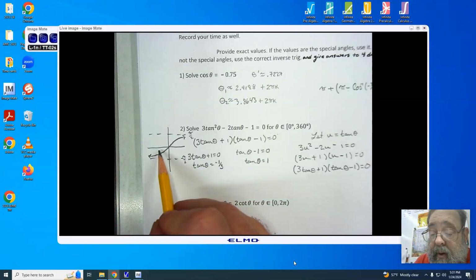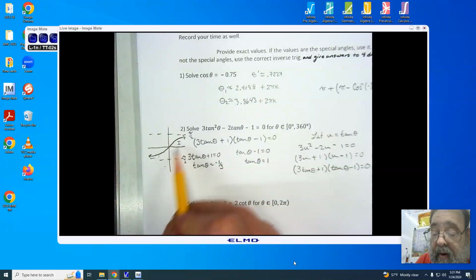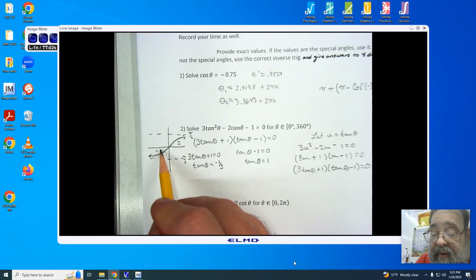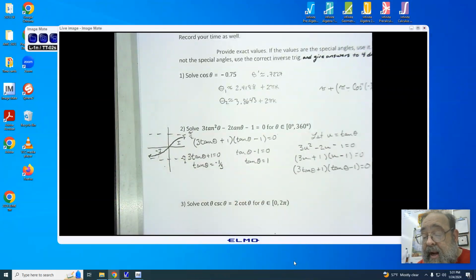So our answer is going to be either the first quadrant, a reference angle, or in the opposite of the first quadrant, our negative reference angle. It can never be greater than pi over 2, and it can never be less than negative pi over 2.